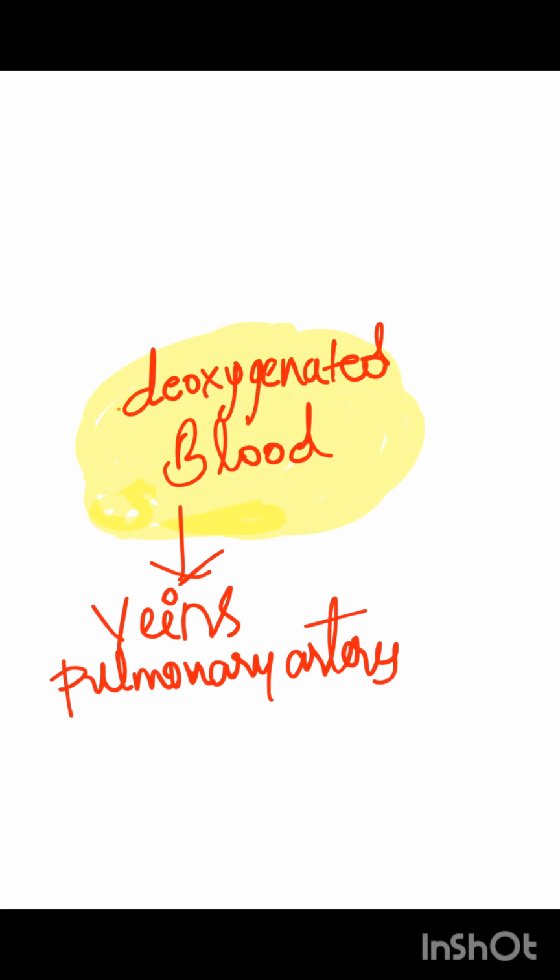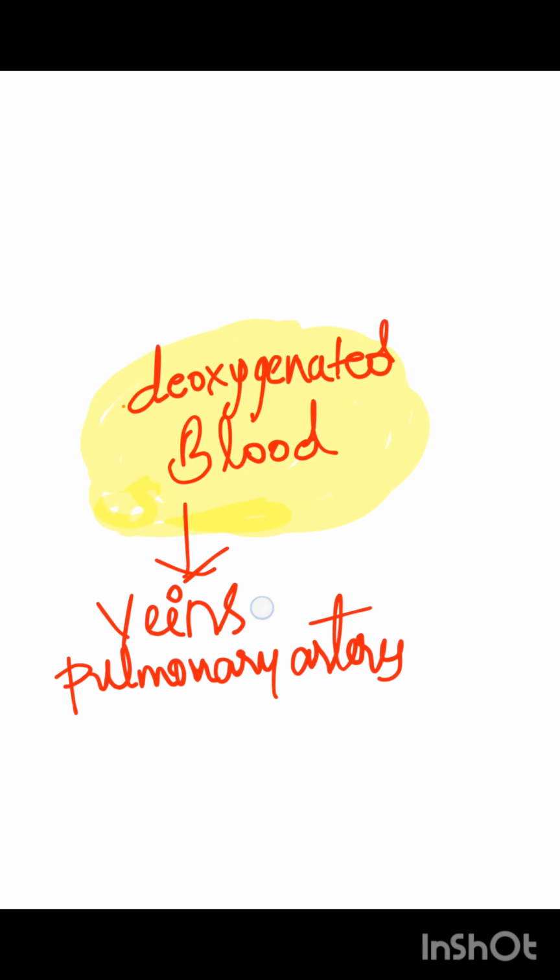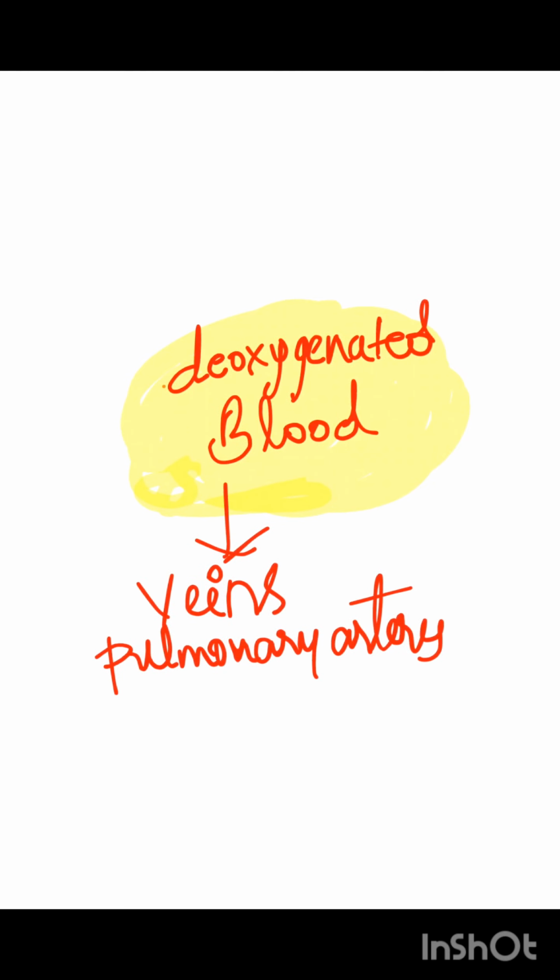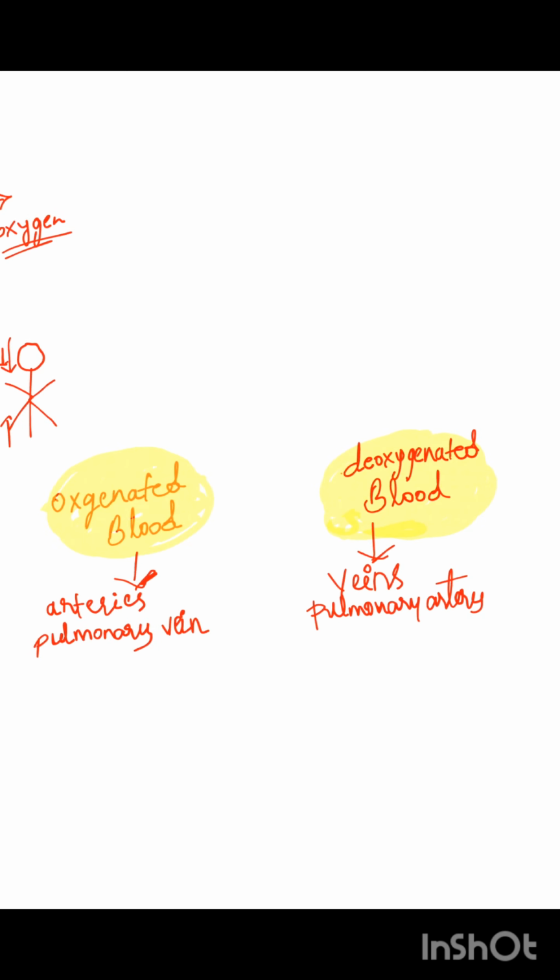The deoxygenated blood which came from the vena cava to the right atrium and right ventricle should move towards the lungs, traveling through the pulmonary artery. So the pulmonary artery has deoxygenated blood and veins also have deoxygenated blood. I hope you understand this. Just take a screenshot of it, don't get confused here.